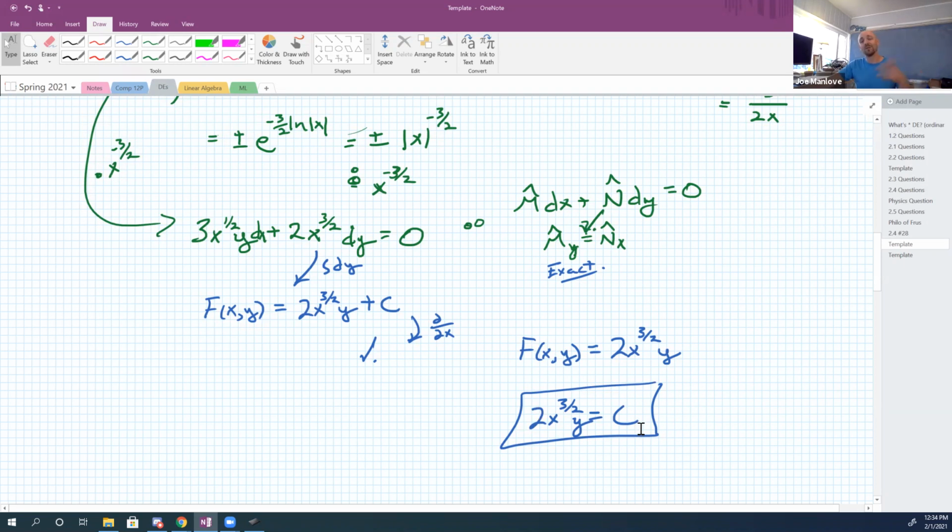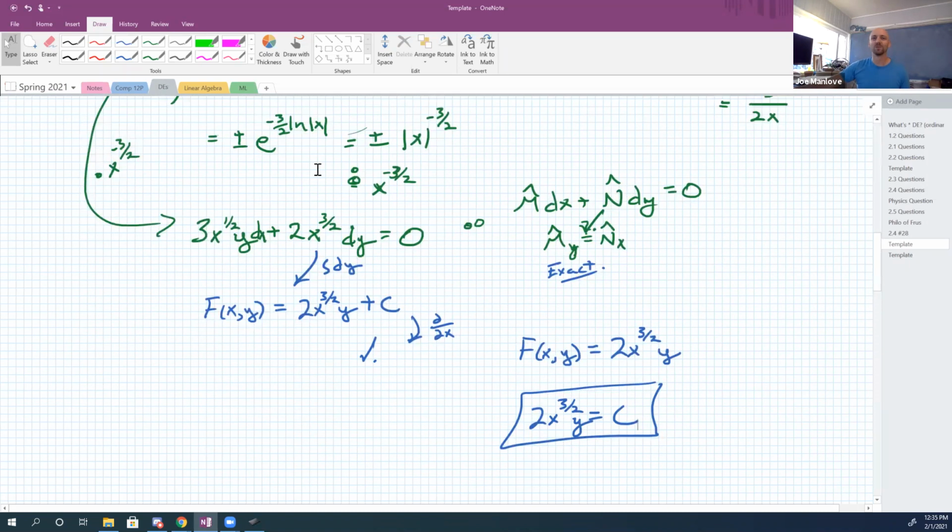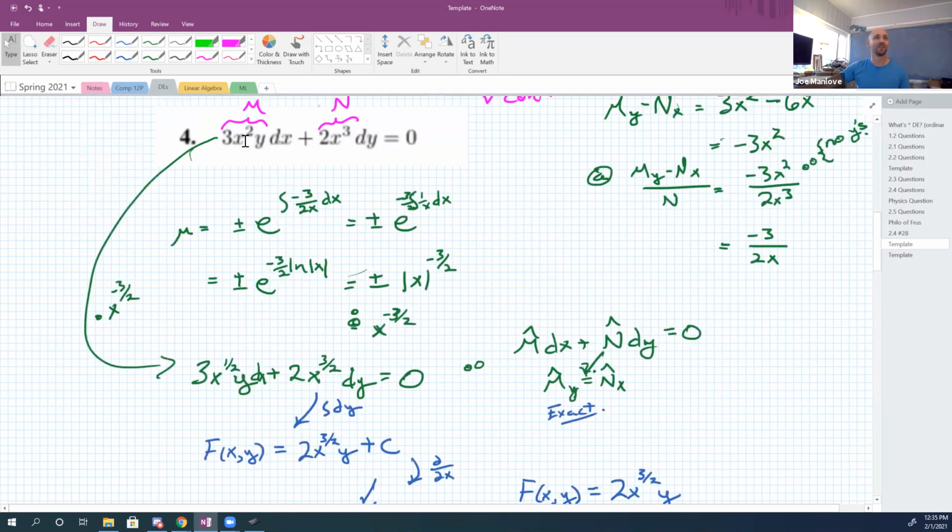Because if you accidentally multiply both sides of an equation by something that's always zero, and then you claim that thing is the solution, you might have a real problem on your hands. Like if I multiplied both sides of this by the quantity y minus x, and then the solution I got was y equals x, I'd be a little bit like, wait a second, I did that. So I just want to check that this thing solves my original differential equation. So how do I even do that?